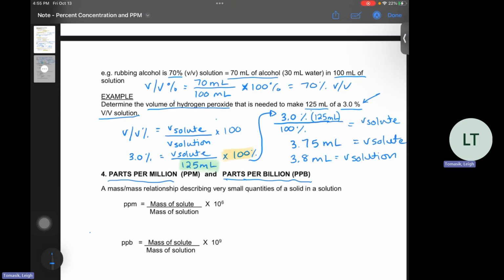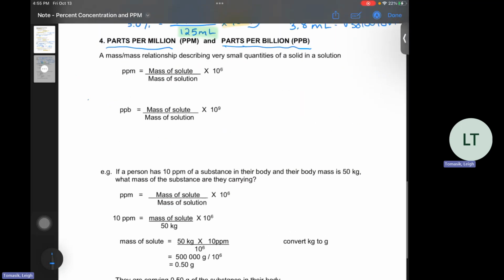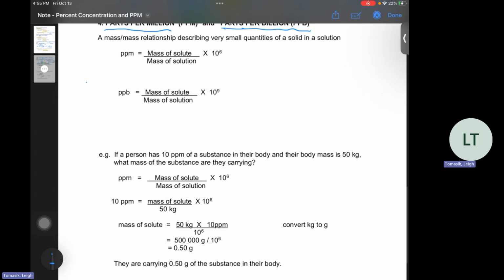The other situation where you'll see parts per million and parts per billion is when we are looking at pollution, especially water pollution. Contaminants are only allowed in our drinking water in very, very, very small amounts.